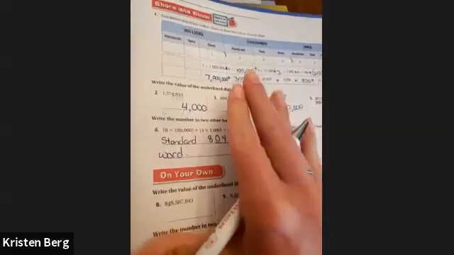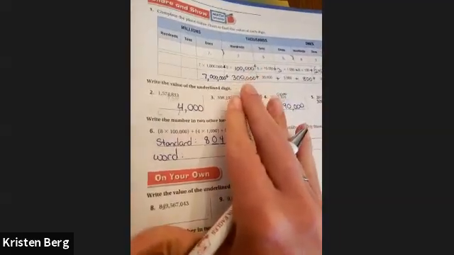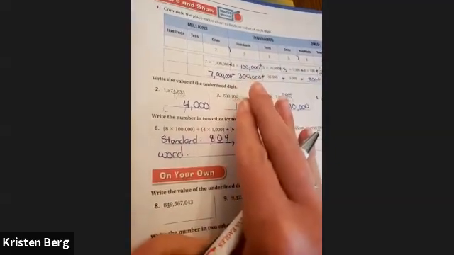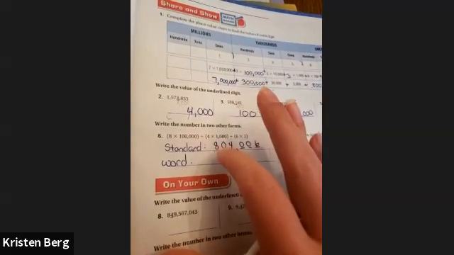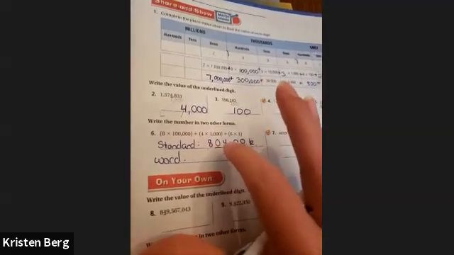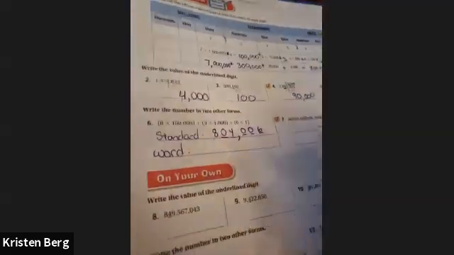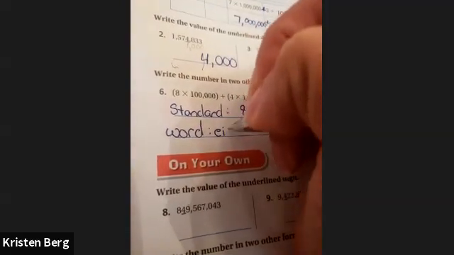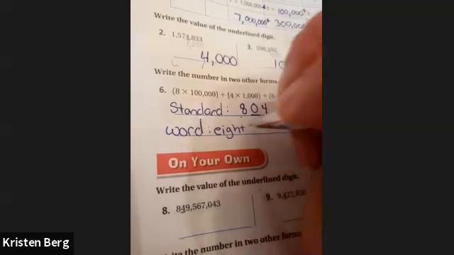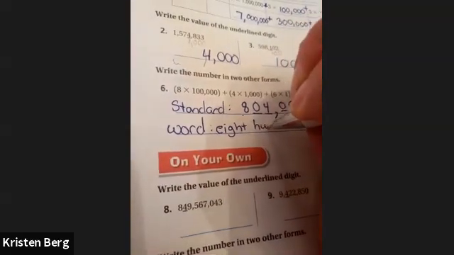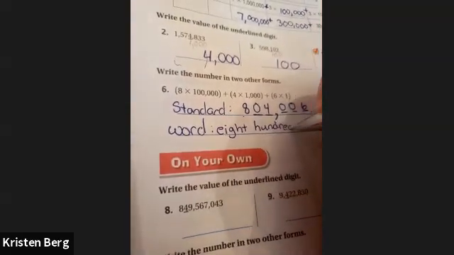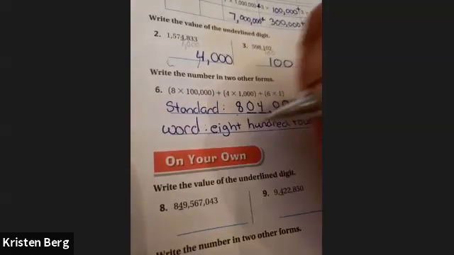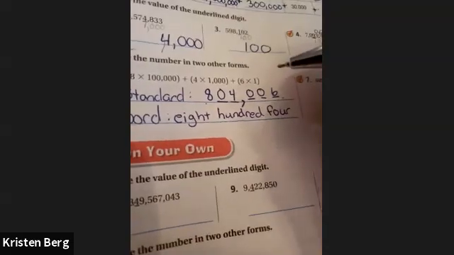So how do I say the first period set of numbers before that comma? It is 804. Keep in mind, don't say 804 incorrectly because then I have to mark it wrong.